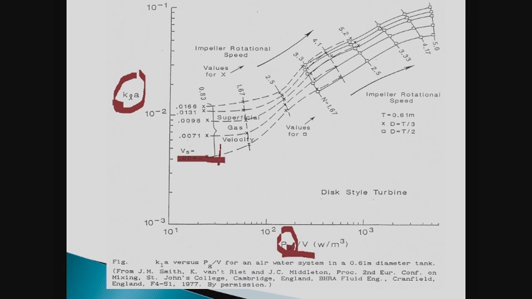Anyway, down in this region, you have very low power input. The gas-style turbine, this style turbine, very low power input, very low mass transfer coefficients. And this is simply from gas sparging, so the impeller is not putting in very much.